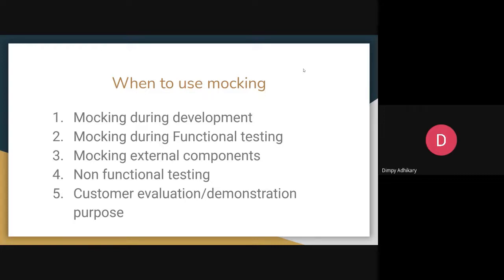Suppose you want to simulate how the API will behave on a low bandwidth network like 2G, 3G or 4G. Even from Postman you can simulate those kinds of things. So till the actual environment is ready, you can simulate those kinds of non-functional testing scenarios.